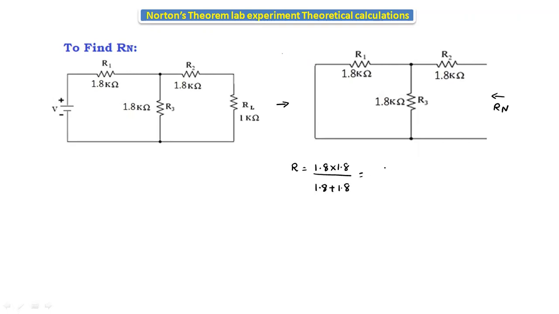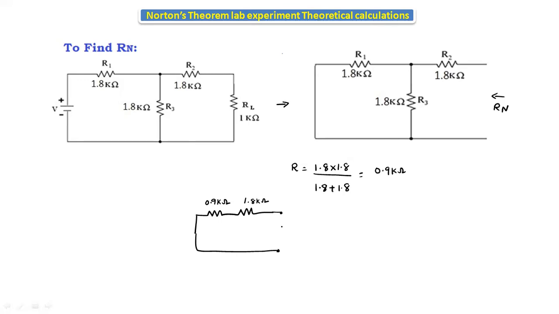We will get 0.9 kilo ohms. Now these two resistors are converted into one single resistance by using the parallel operation. If we take that value here, 0.9 kilo ohms is connected in series with 1.8 kilo ohm.